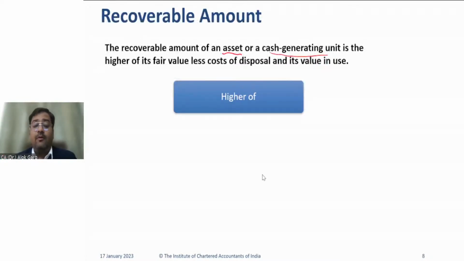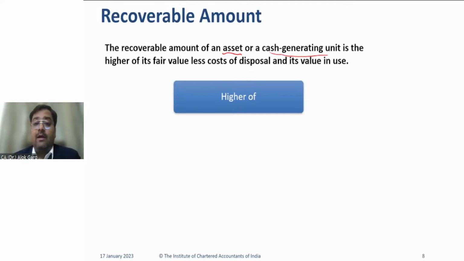So group of assets in this standard is known as cash generating unit. We understood carrying value. Carrying value means value which is carried in the books of accounts. Now we need to understand what is recoverable amount.